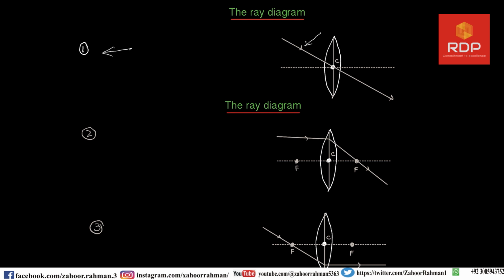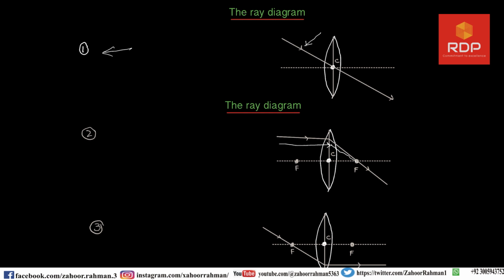The second step, you have to understand that the parallel line after passing the lens, which is this one, will go directly to the focus point.